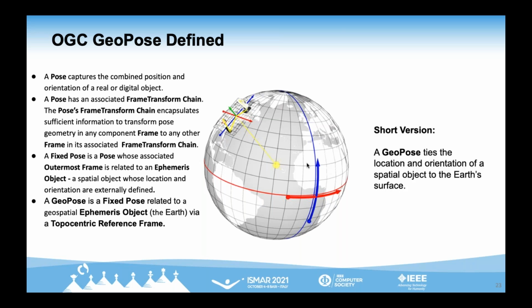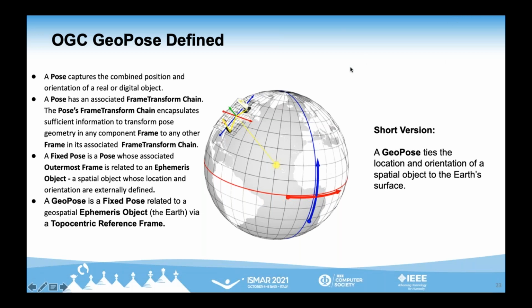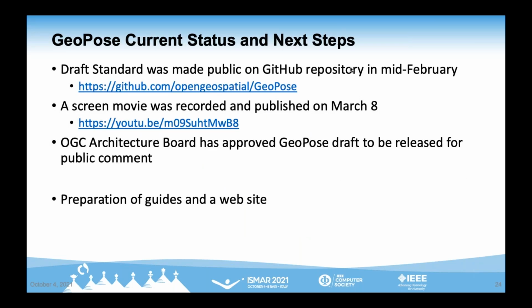It's a data encoding, and it says that GeoPose ties the location and orientation of any spatial object, whether it's physical or digital, to the planet. And this serves many use cases, including augmented reality. There are use cases for drones, for autonomous vehicles, robotics, for simulation and reconstruction. It's a very wide set of use cases.